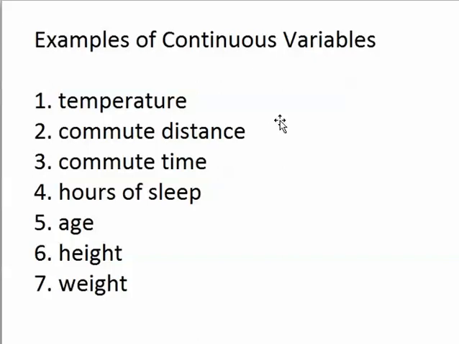There might be a lowest possible commute distance and a highest possible commute distance, but anything between those 2 points is a possible commute distance. A person could live 10.1 miles from work, 10.125 miles from work, or 10.1259 miles from work. Each of these other variables is also continuous.